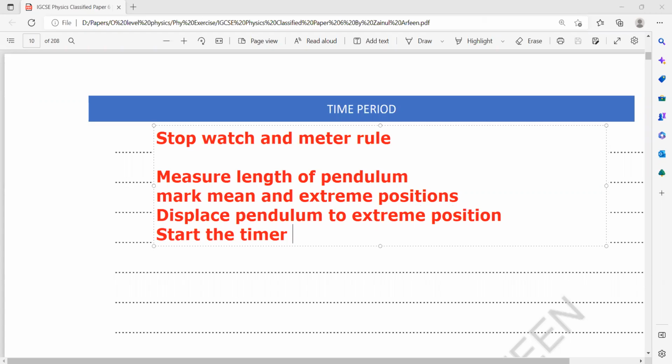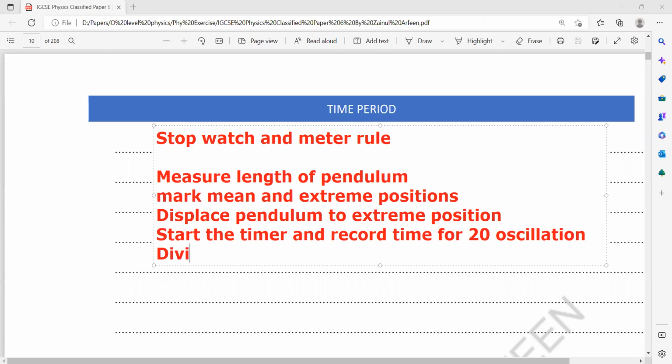Start the timer or a stopwatch and record the time for 20 oscillations, and divide the time by the number of oscillations.